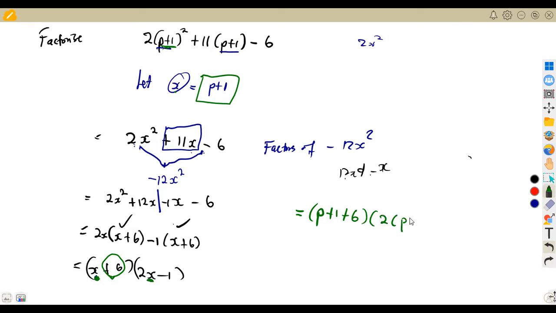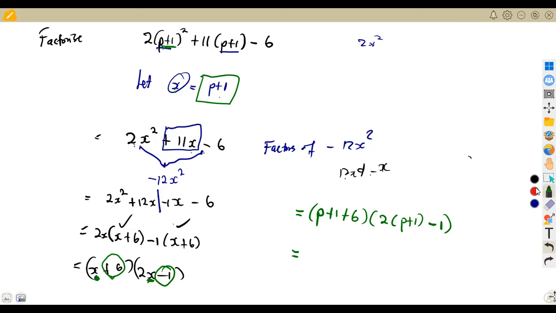We open a bracket so that 2 multiplies everything in it. Our x is p plus 1, but there's a minus 1 here. Whatever you get here, you must subtract 1.